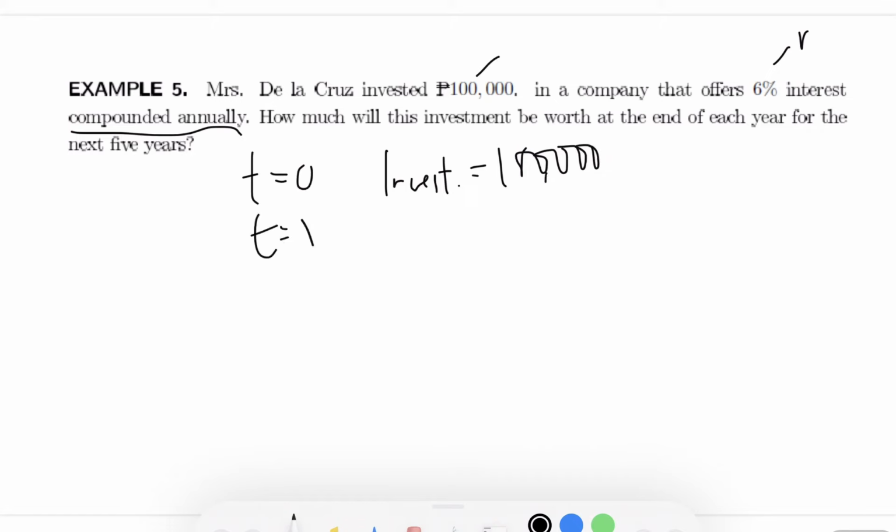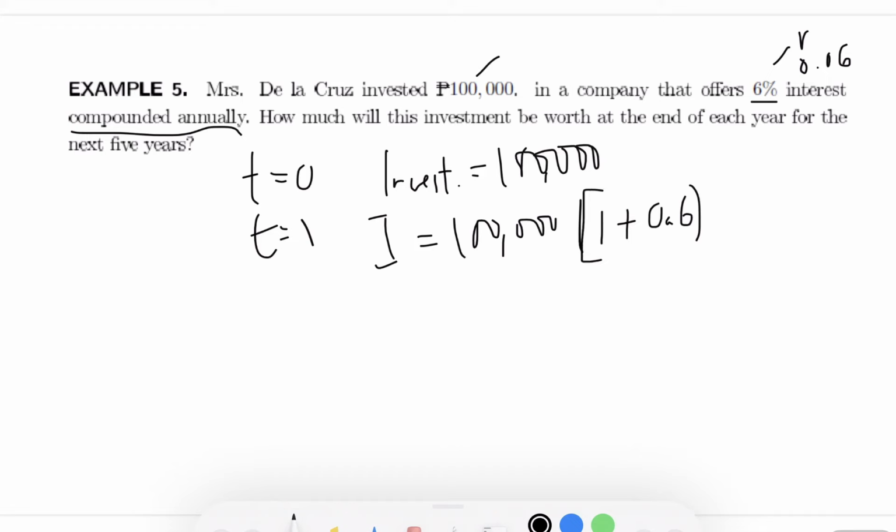At time equals 1, your investment will become 100,000 times 1 plus the rate. The rate is 0.06. By the formula, this will become 106,000.